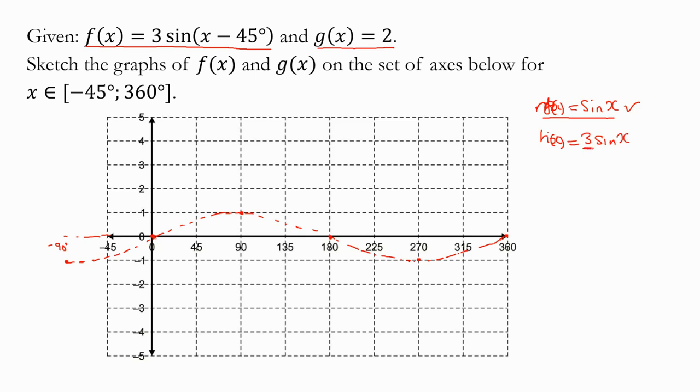So what does the 3 do to the graph? Because here you see there's a 3. The 3 changes the amplitude of the graph, even the range. So at negative 90 it is negative 3, and then 0 is still 0, then at 90 it is 3, then at 180 it is 0, and at 270 it is going to be negative 3, then at 360 it is 0.